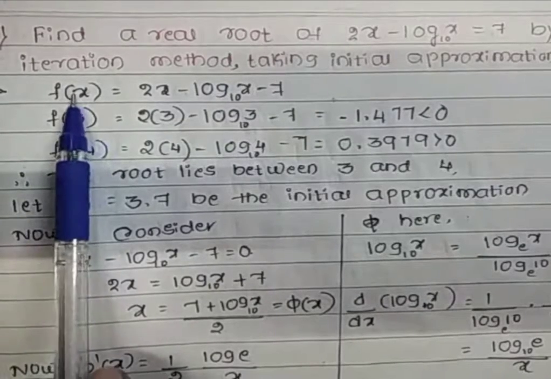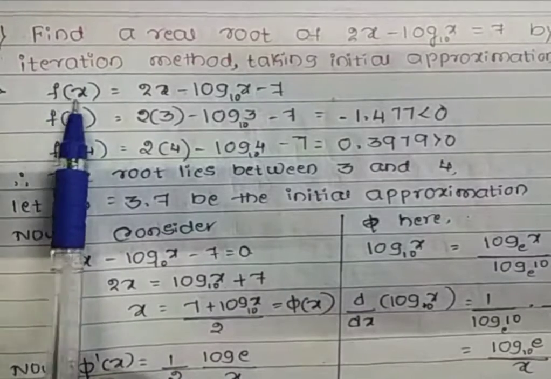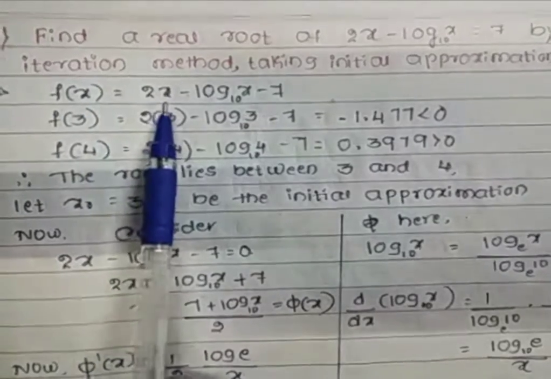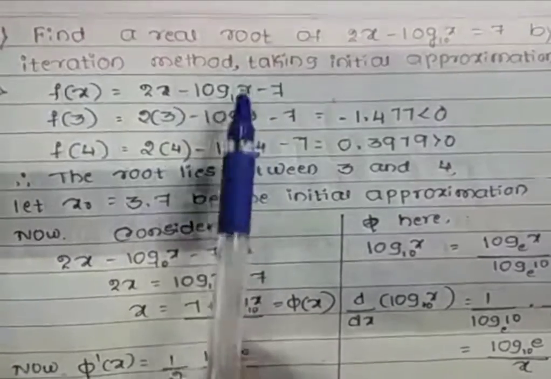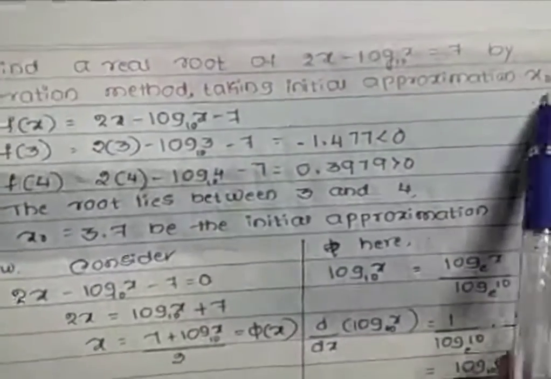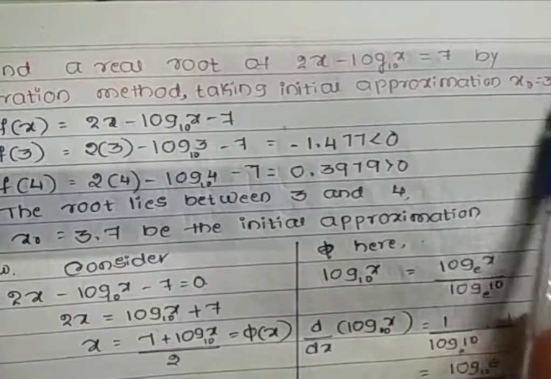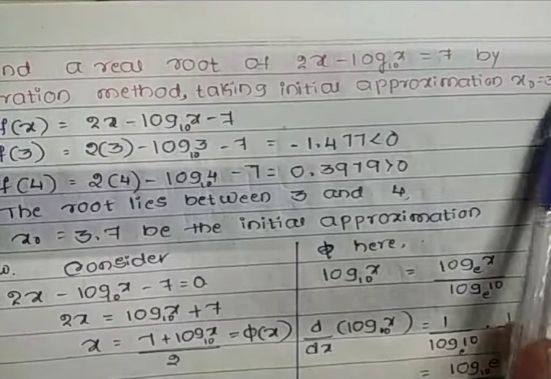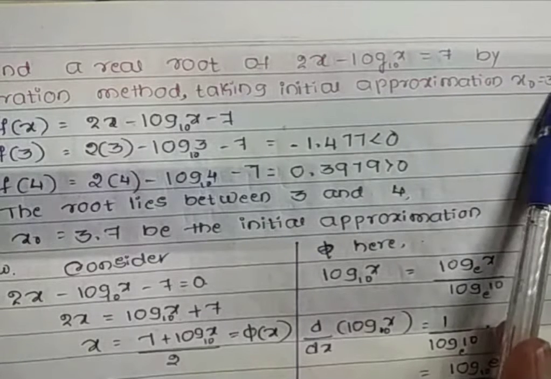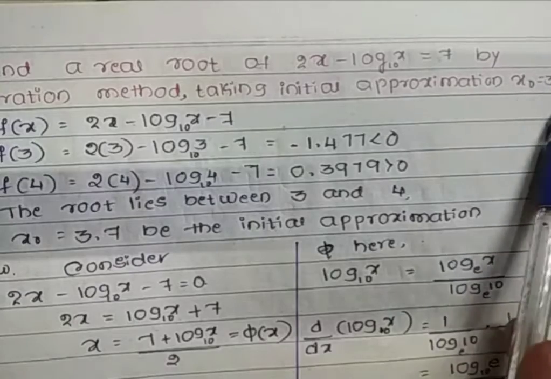First we have to write the given equation. So the given equation is f of x is equal to 2x minus log x to the base 10 minus 7. Already in the question it is mentioned that we have to consider initial approximate value as 3.7. Based on this, easily we have identified that the root lies between 3 and 4.